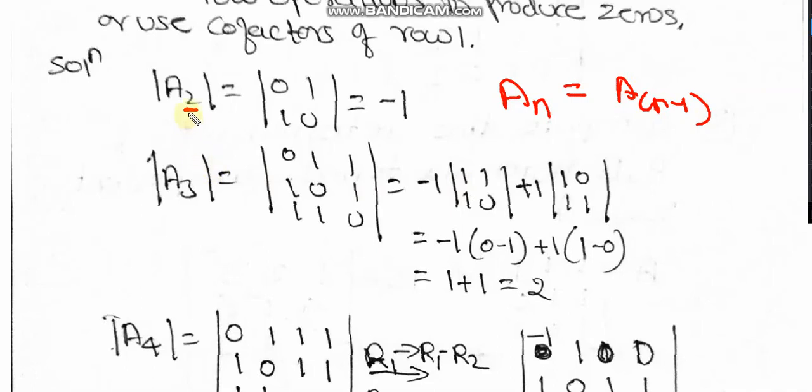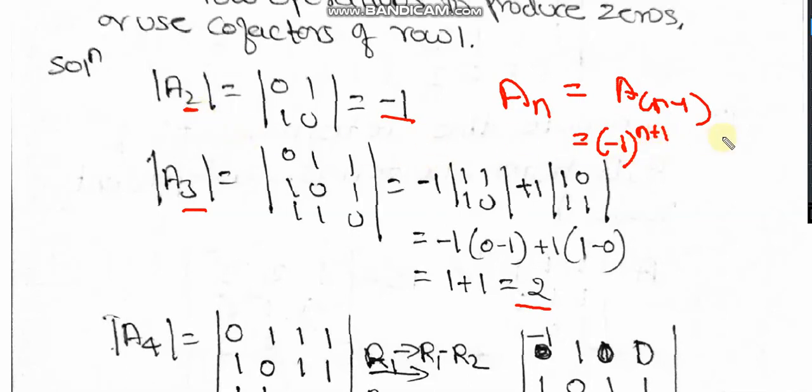Right? And if n is positive, then I am getting a minus value, and if n is negative, I am getting a positive value. So what can I write? I can write it as minus 1 raised to n plus 1, or n minus 1 also I can write, right? I'll write it as n plus 1.